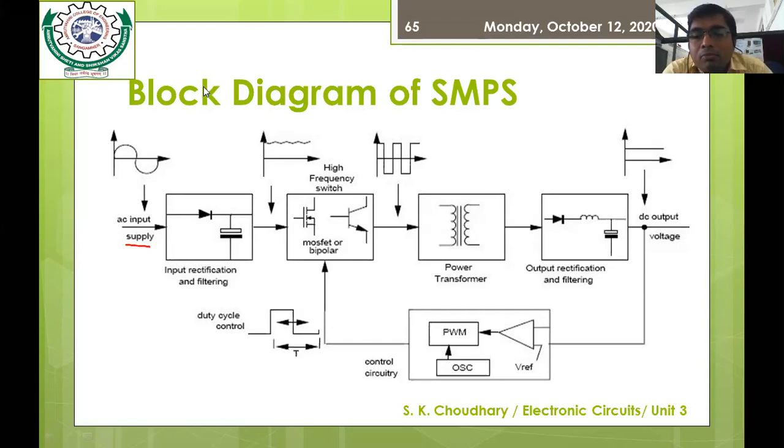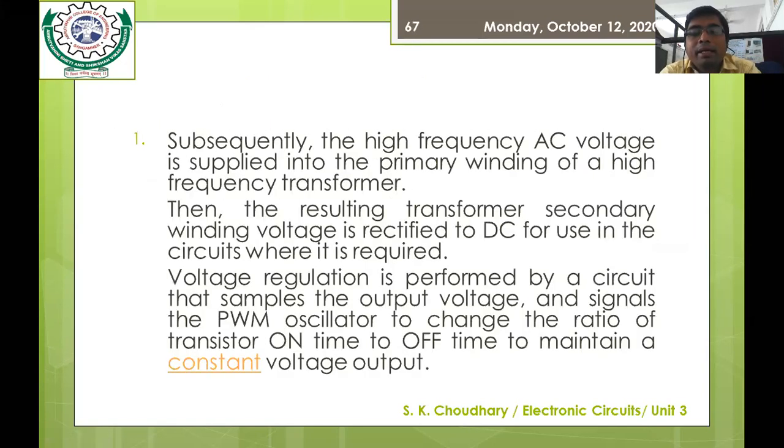And the role of transformers, what is the role of primary and secondary windings. Then again the rectification, using the filter circuit having an inductor and a capacitor. So the function of the inductor is also very important here, as well as the role of oscillators, PWM circuits and the error amplifier. Then and only then you would be able to explain the functional operation of SMPS.